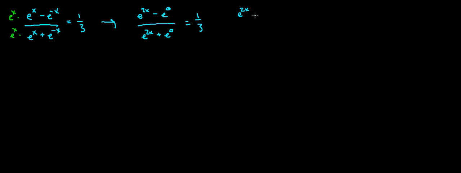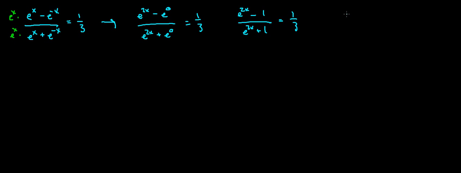All right, e to the 2x minus 1 over e to the 2x plus 1 is equal to 1/3. And now I guess it would be easiest if I made a substitution.